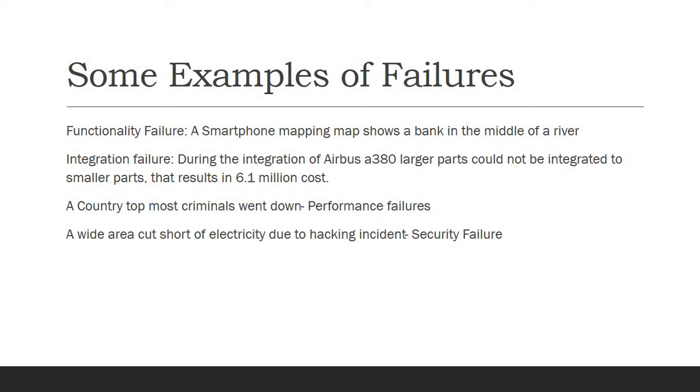Some other examples of failures are incompatible reuse failures. Say you have an older version of an application and you use that version to build a newer version, but it doesn't work the way you want it to. So that is basically an incompatible reuse components failure.